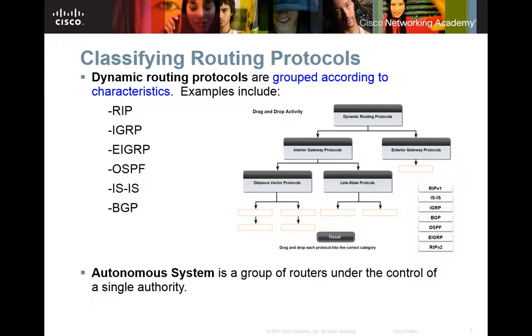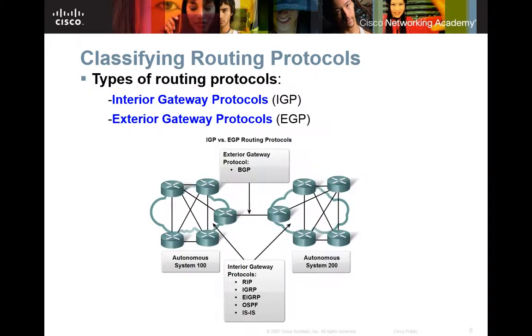Hint, hint, hint. OSPF. IS-IS. BGP, Border Gateway Protocol. Where do you think that's going to be? Exterior. That's your WAN connections. Interior Gateway Protocols, IGPs. Exterior, EGPs.